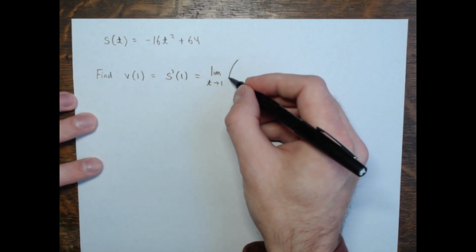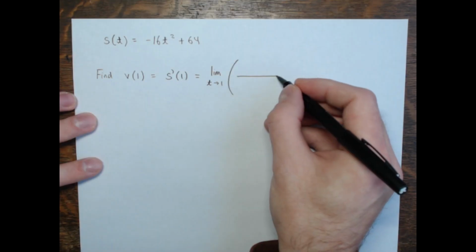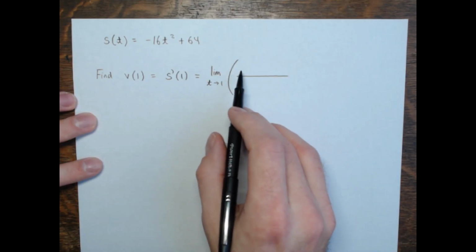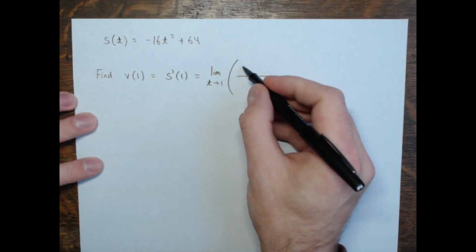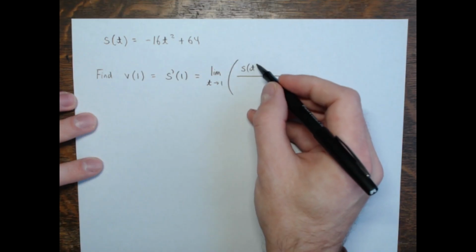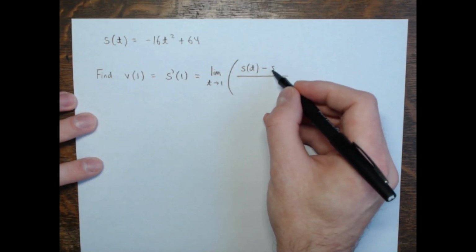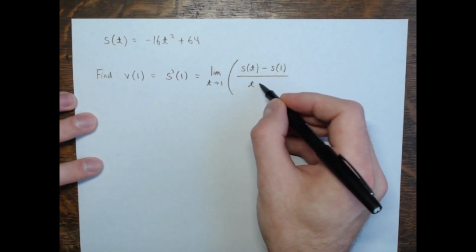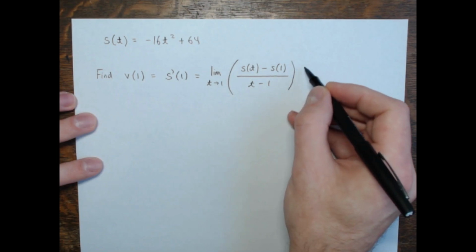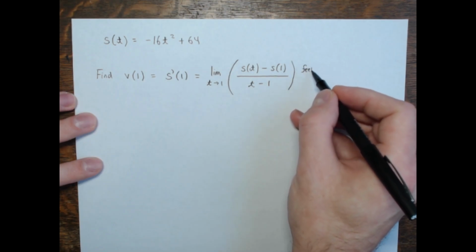So I'm taking the limit as t approaches 1 of the average velocities, the slopes of the secant lines. So the position at t minus the position at 1, and then the change in time, t minus 1.